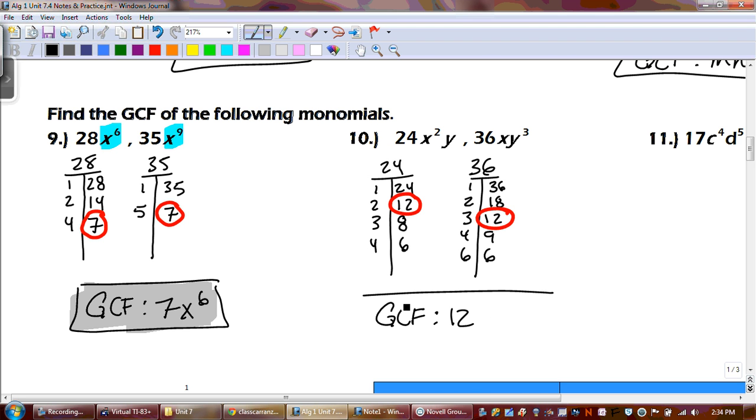Okay, but now we also have to look at the variables. x squared and x, the smallest is the x, and then y and y cubed, the smallest is y. So our greatest common factor, our GCF, is 12xy.